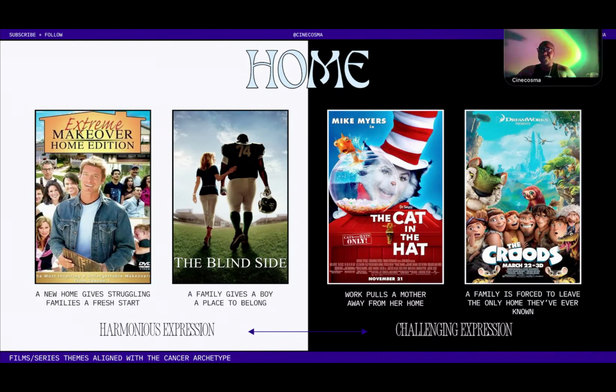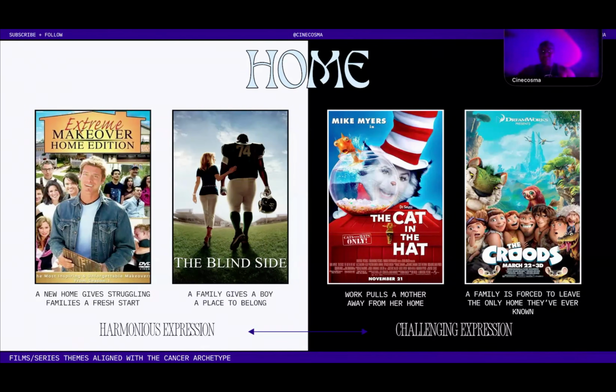And so in The Cat in the Hat, the two kids are home alone until the Cat in the Hat shows up, and then he just takes them on a wild, chaotic day. That's how it starts, and that's essentially the bulk of the movie. And then it ends up being harmonious. The mom chooses to spend more time with the kids, right?